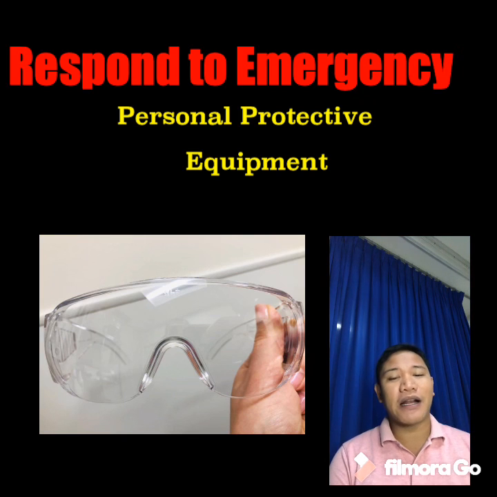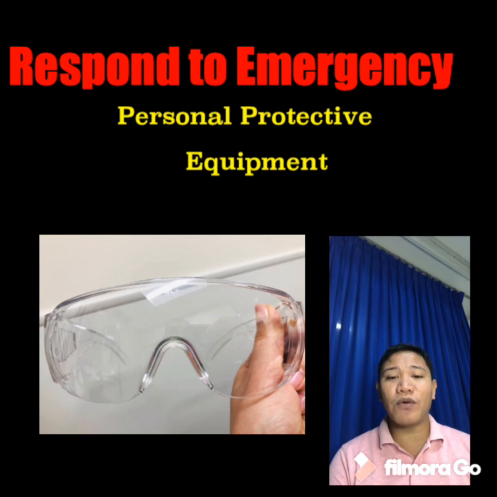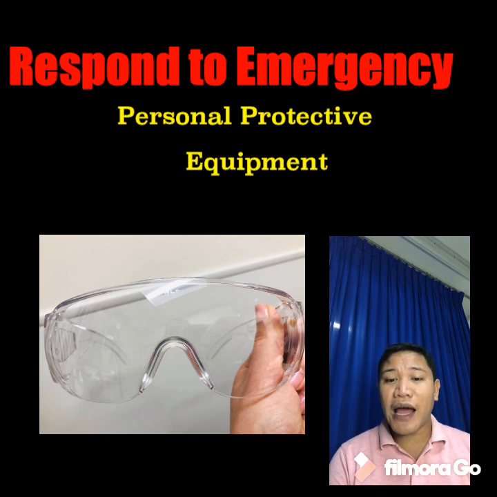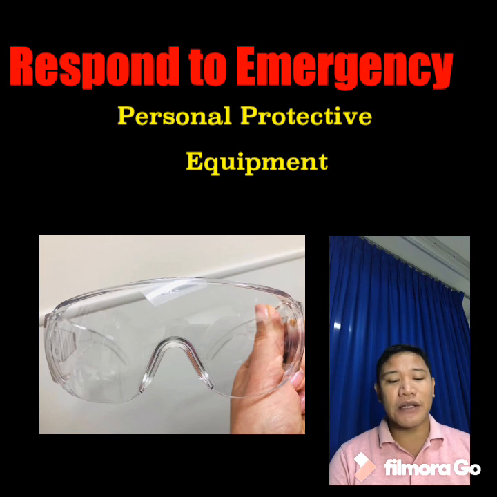Hindi pa rin. May mga leak pa rin yan that microorganism may enter into your mucous membrane. Kung saan natin makikita yung mga mucous membrane natin? Dito sa mata, dito sa ilong and sa bunganga. And the microorganism may enter into these areas.